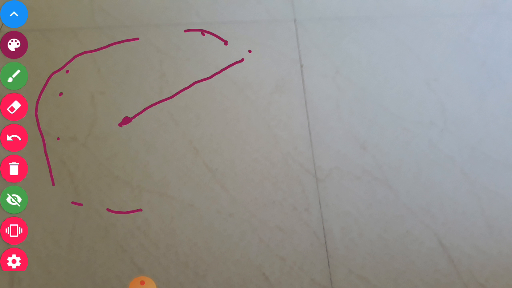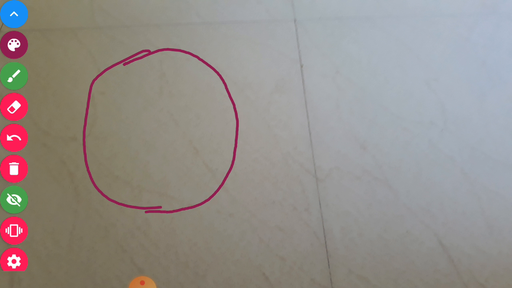Say, for example, you have this rod which is moving on a circular path. This is a circular path, and this rod is moving on it.